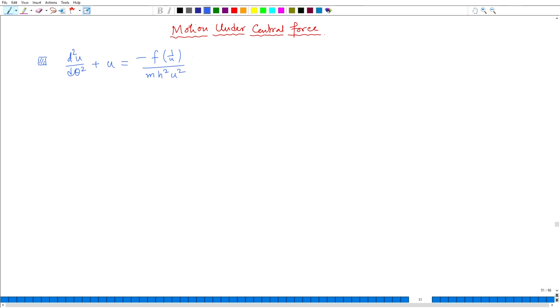Just for recalling, this is the force law as a function of r, that is why I wrote it as 1 over u. Here m is the mass, and h is the angular momentum per unit mass, which is a constant of motion.